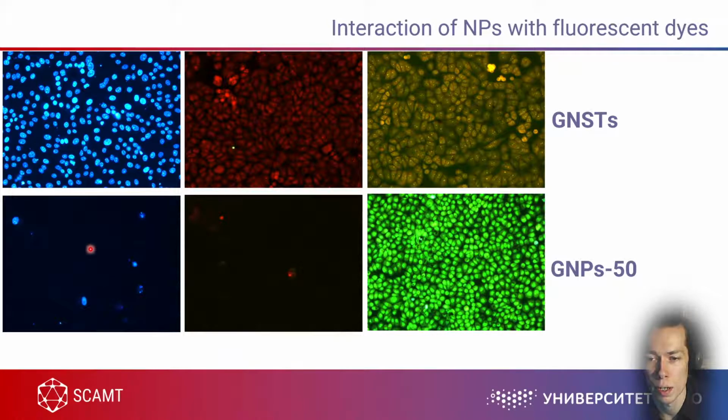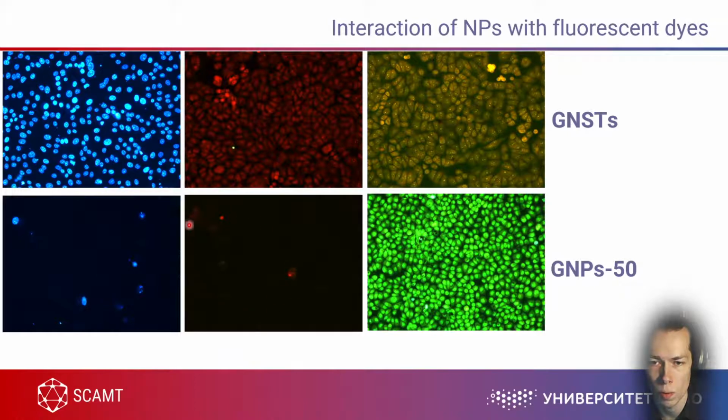What can we observe? On DAPI, we see just a couple of stained cells, nothing special. DAPI is not as good at staining living cells without fixation. If we increase the gain and exposure on our microscope, we will see all of the cells, but this is the brightest one.